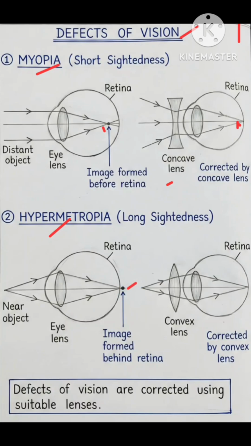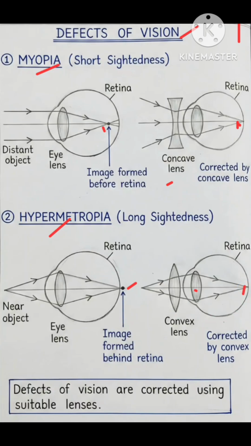This happens because the eyeball is shorter than normal or the eye lens has insufficient converging power. It is corrected by using a convex lens, which converges the light rays before they enter the eye and focuses the image on the retina.